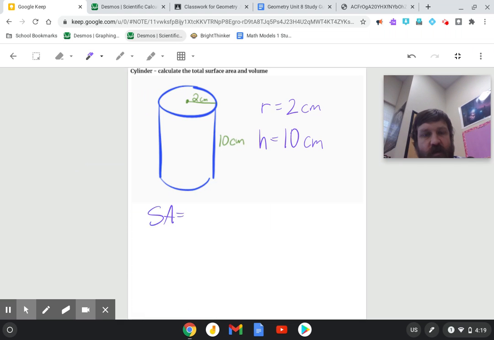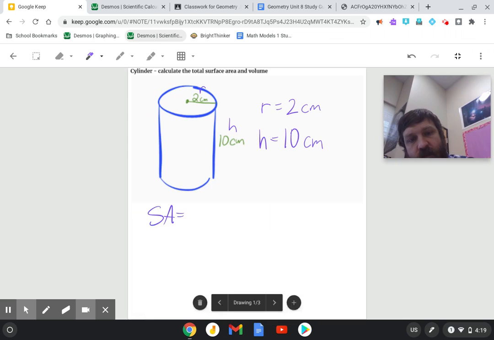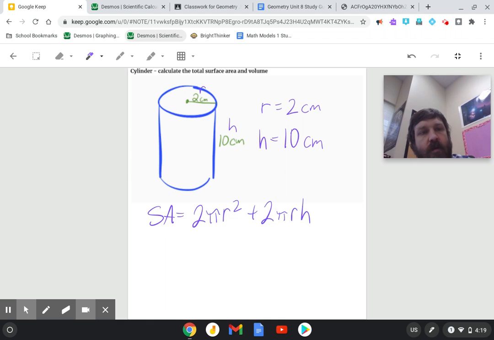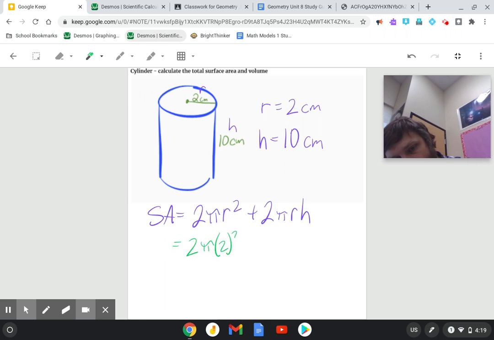I went ahead and just took those over there. This is our r, and this is our h. The surface area is 2 pi r squared plus 2 pi rh. So we're going to run through, plug everything in. 2 pi times 2 squared plus 2 pi times 2 times 10.